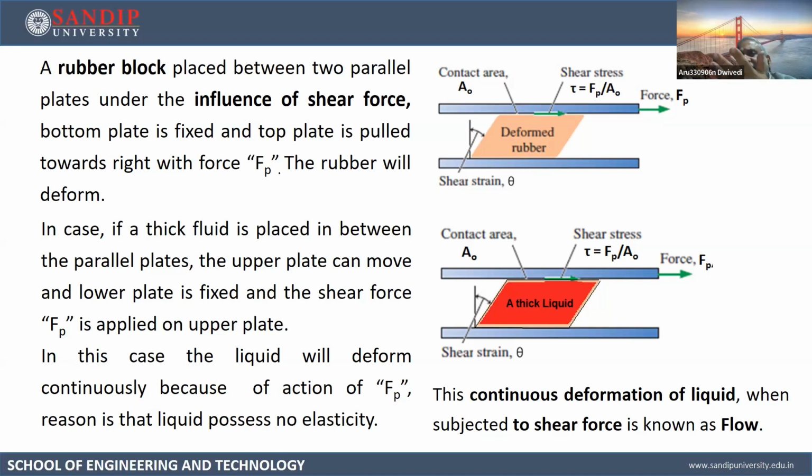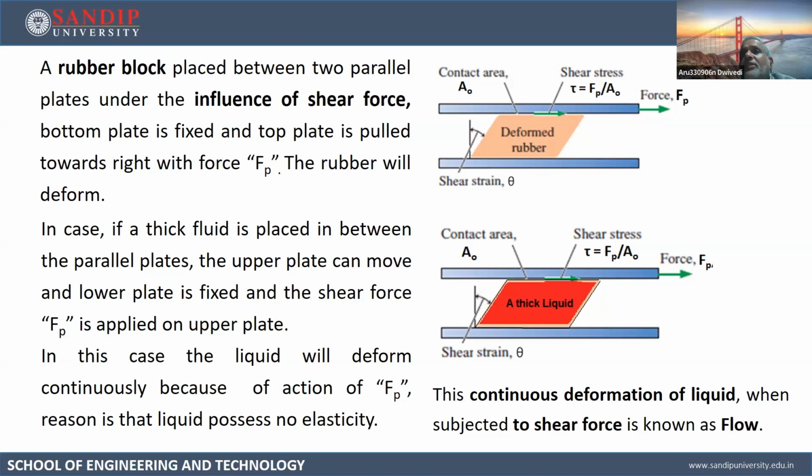But in the case, if the Fp which you are applying is beyond a certain limit, what will happen? 100% it will not come to its original state, right? Some deformation will be there, okay? The object will be deformed.